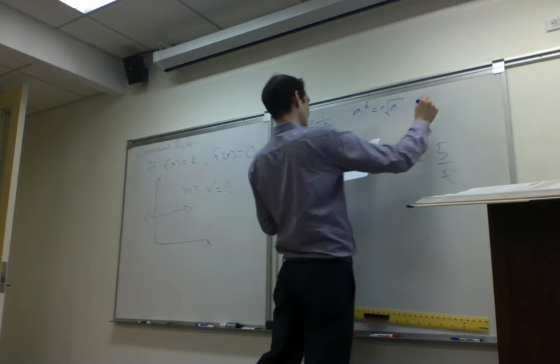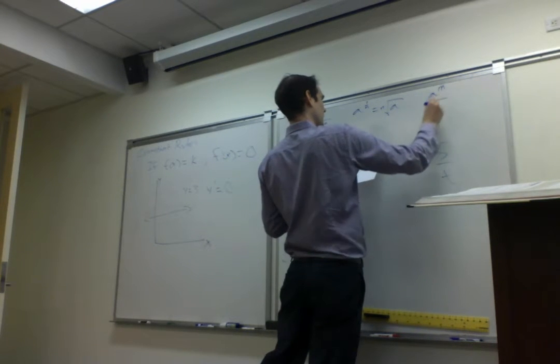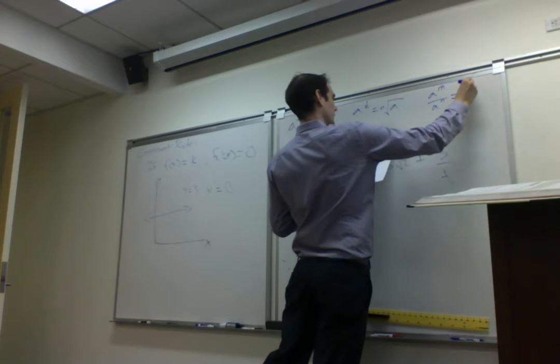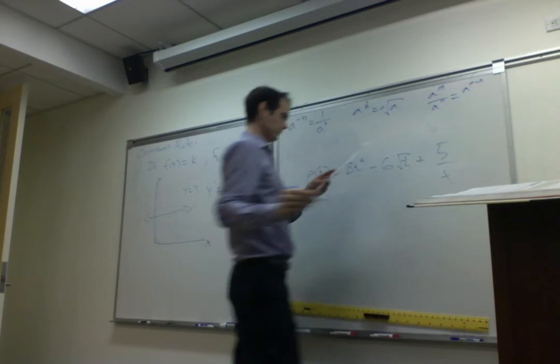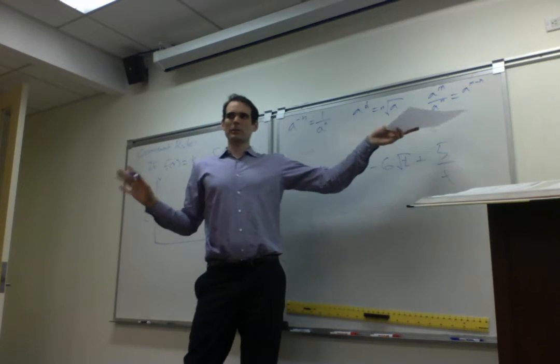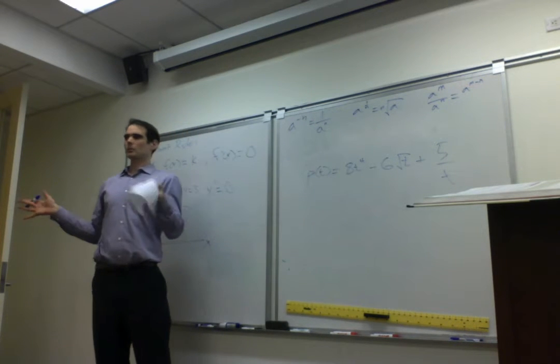And lastly, we have a to the m divided by a to the n equals a to the m minus n. Have you all seen these before? Maybe? It's just a different way of writing them.